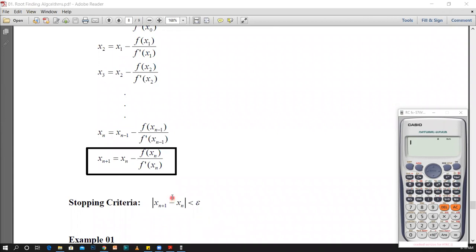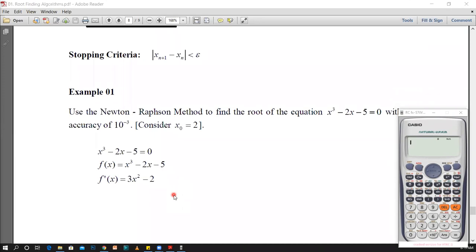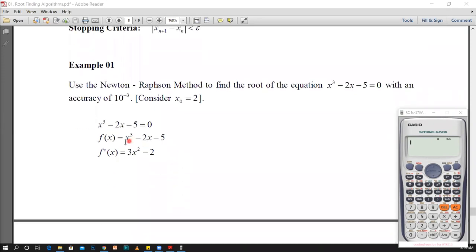Now we will look at some examples related to the Newton-Raphson method. In this example, they ask us to use the Newton-Raphson method to find the root of the equation x cube minus 2x minus 5 equals 0 with an accuracy of 10 to the power minus 3.